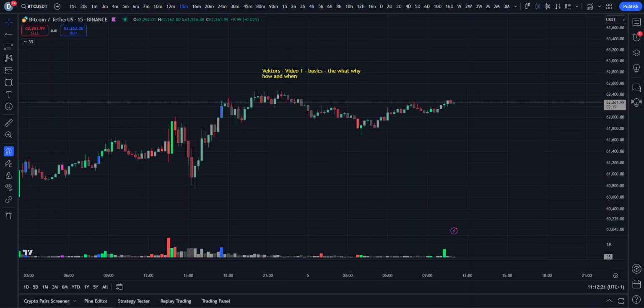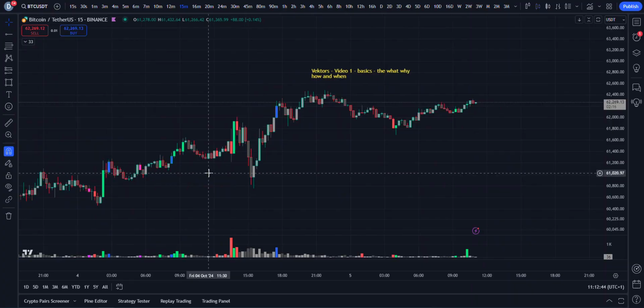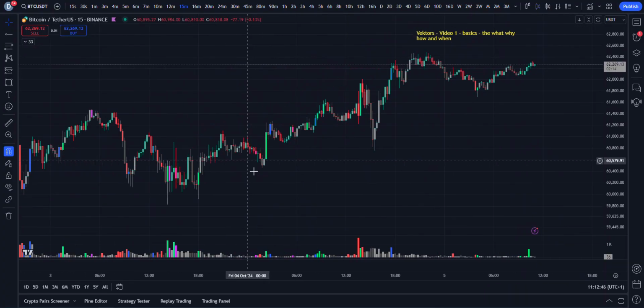The key thing is that vector candles appear because a market maker or an algorithm is placing trades very quickly. This is something that retail traders, or us as traders, cannot do. We only execute maybe one, two, maybe three trades within a candle, hypothetically. With vector candles, it's high transaction volume.